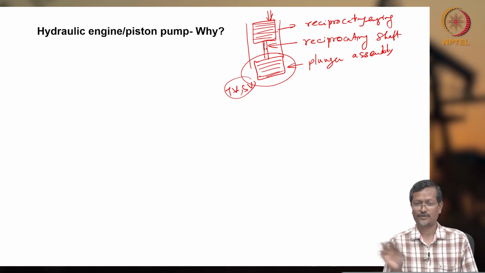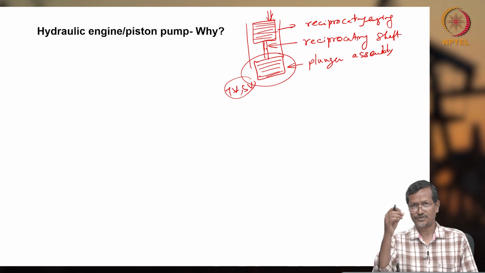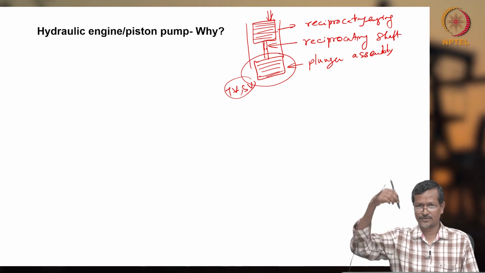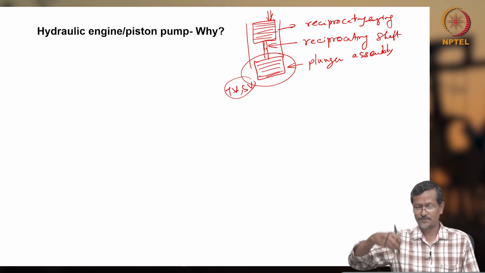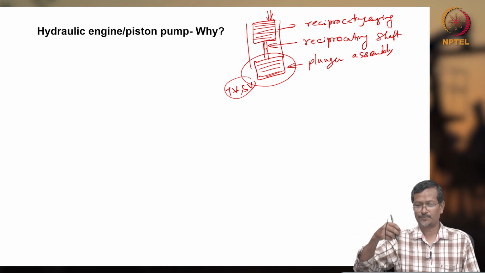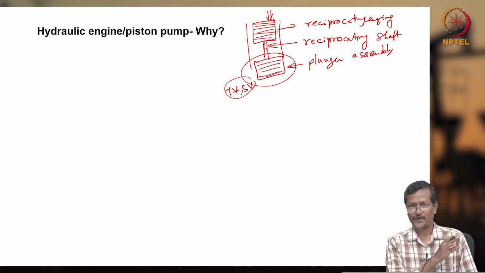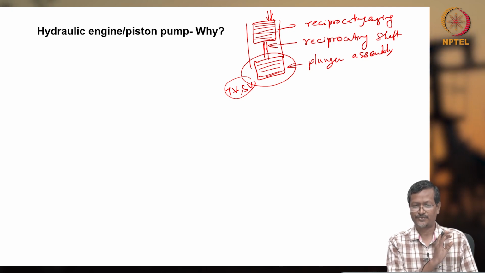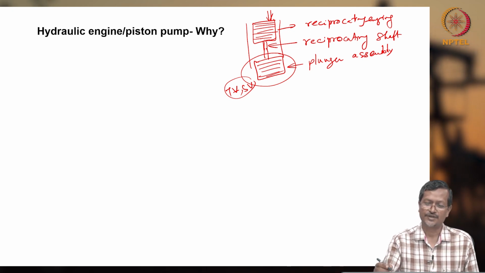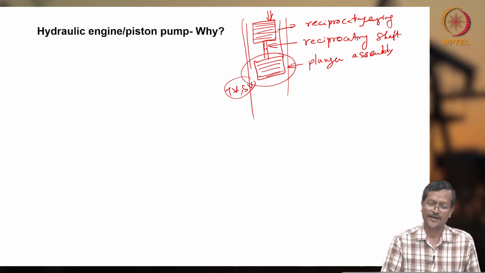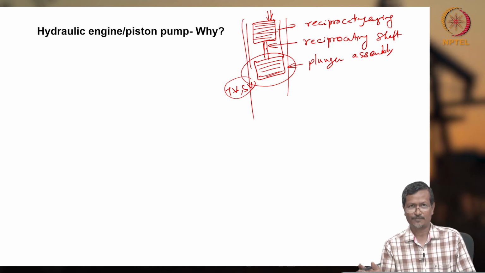That rod you don't have, you have only high pressure fluid running your reciprocating engine. The reciprocating engine is connected to your reciprocating shaft, so the shaft is moving up and down. That reciprocating action goes to the plunger assembly, or the bottom hole assembly of a normal sucker rod pump, and you are getting production.